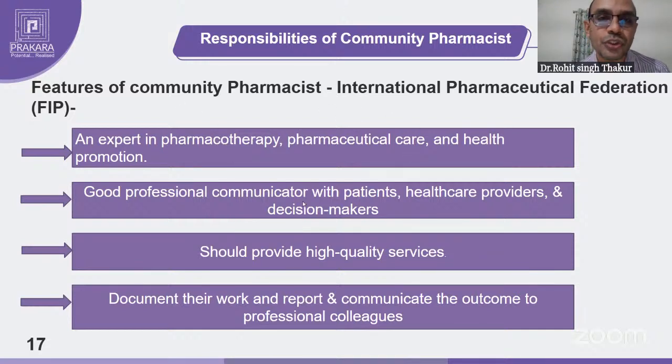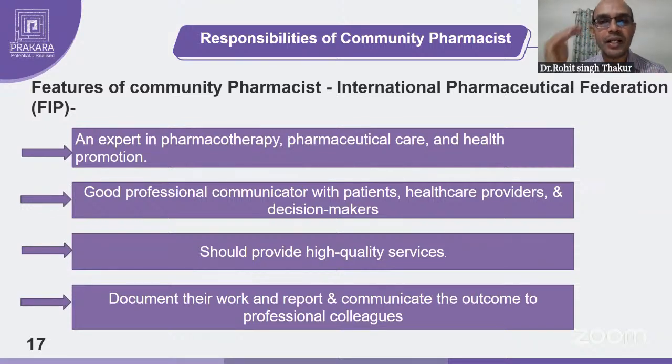You should have sound knowledge of pharmaceutical care and also health promotion, which is very, very important. As a community pharmacist student, you have to be an effective, very professional communicator to the patient and to the healthcare provider, where you should be in a position of decision making in relation to the prescription of a drug, in relation to compounding, or in relation to dispensing of medication.